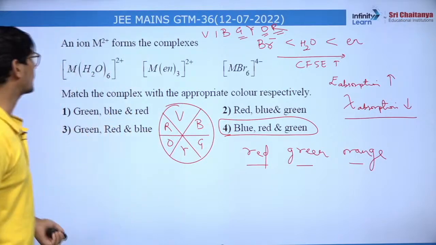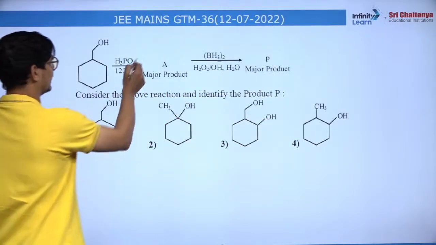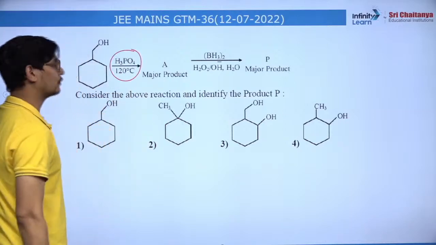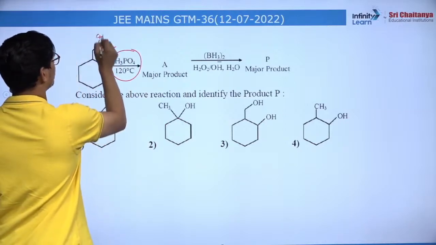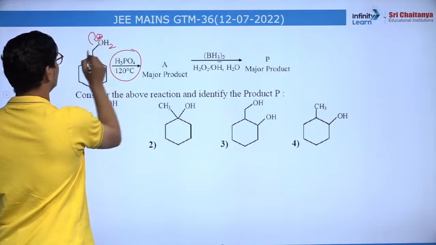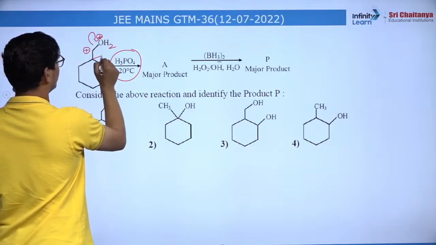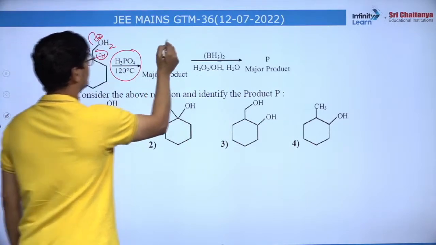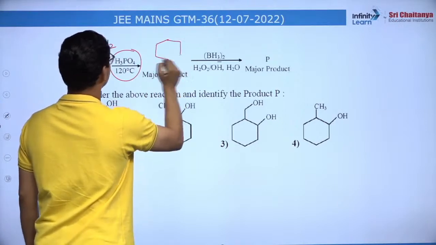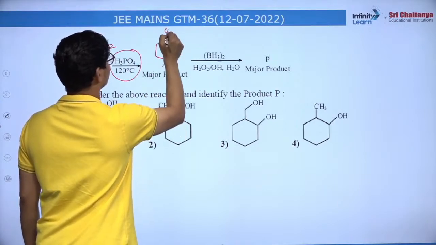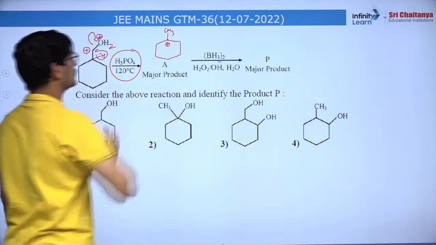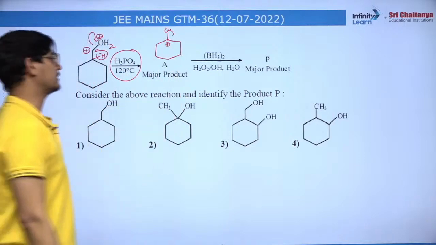In this case, you are carrying out the dehydration. First, protonation will occur, water will leave, a carbocation will form, and then a hydride shift will occur. You will get the rearranged carbocation and then it undergoes deprotonation.